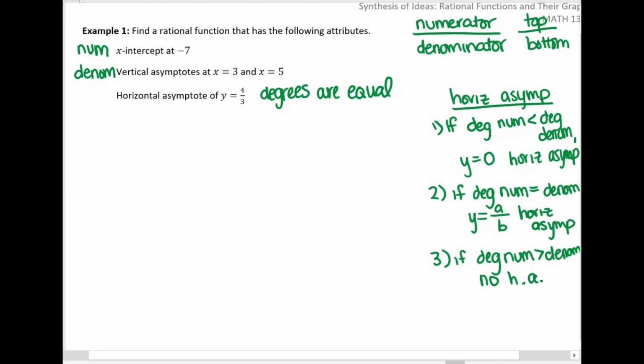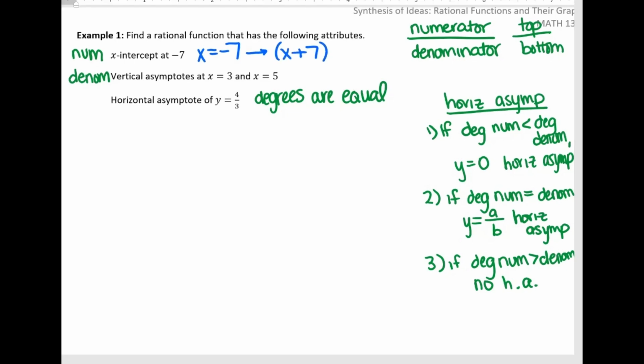The x-intercept at -7 tells us that x is equal to -7, which tells me that we have a factor of x plus 7. For x equal to 3, that gets us x minus 3. And we have x equal to 5, we get x minus 5 as the factors.